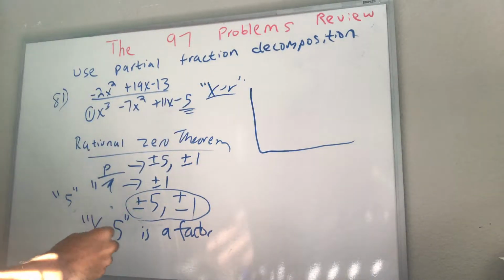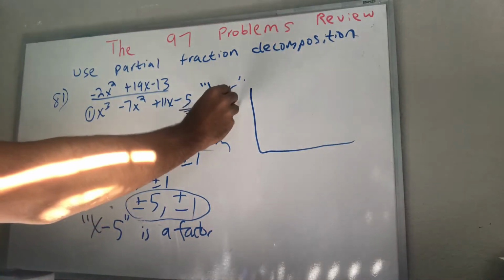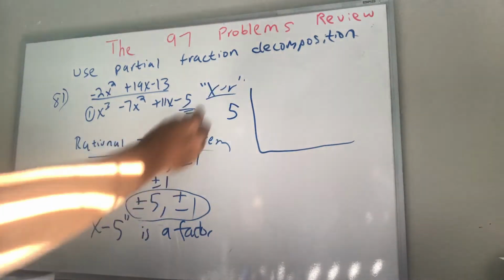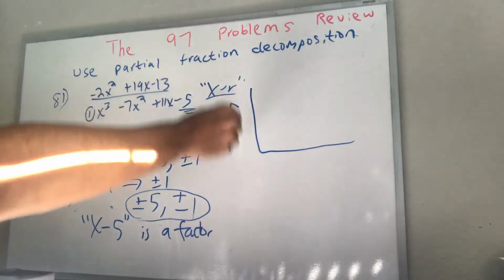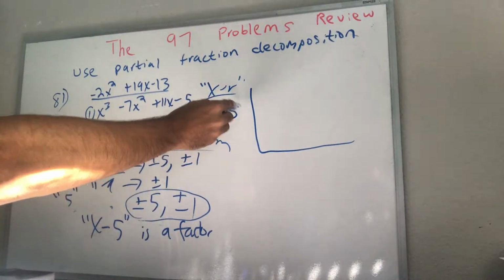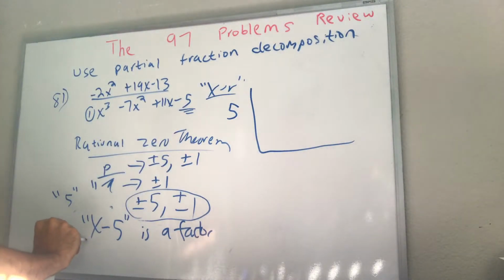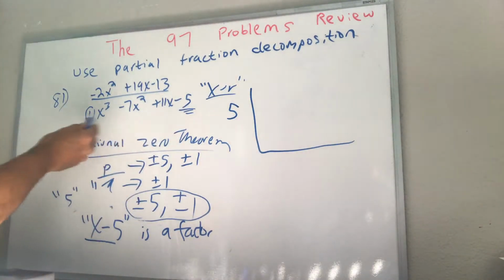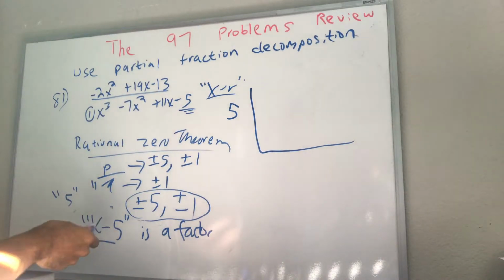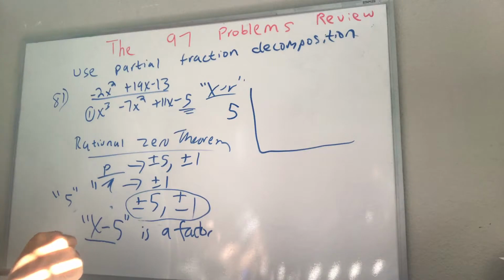So in this case r would be 5, and we are placing r here, along this column. We know x minus 5 is a factor of this polynomial, so if you're looking at x minus 5 and x minus r, r must be positive 5.